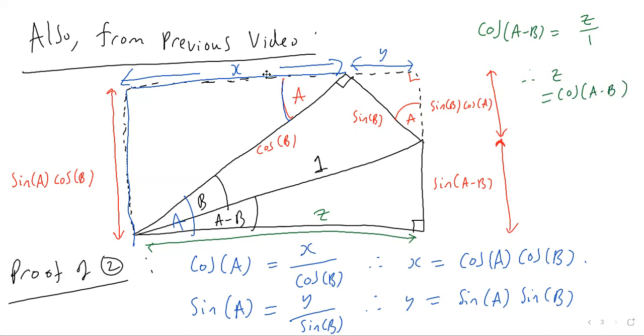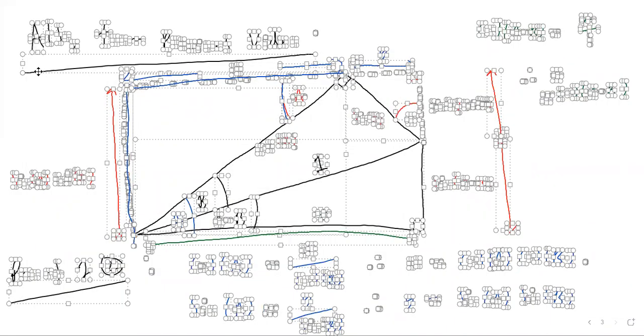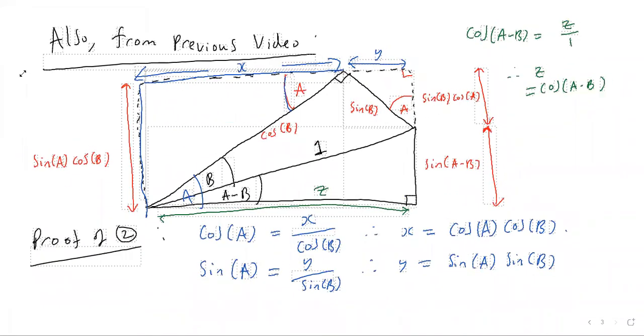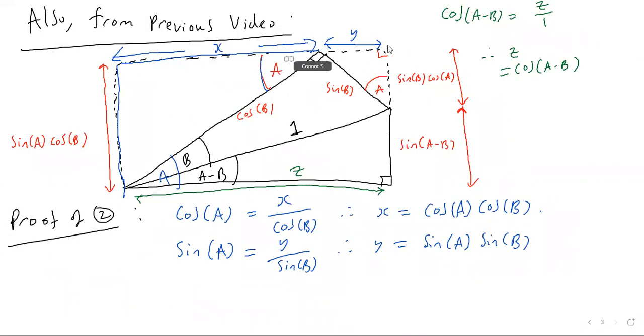Now z must be equal to x plus y, because the base of the rectangle must be the same as the length up there.